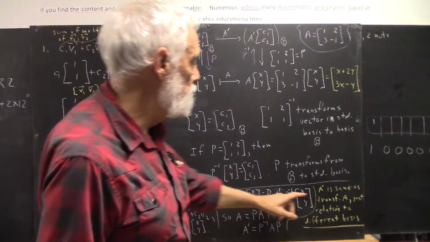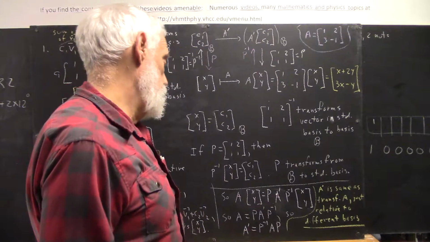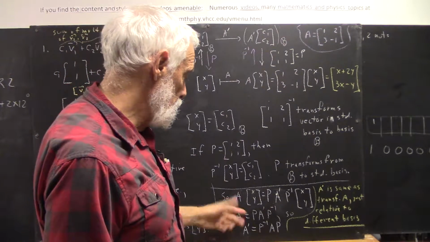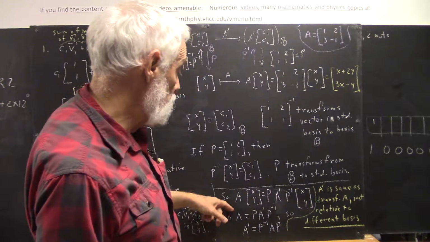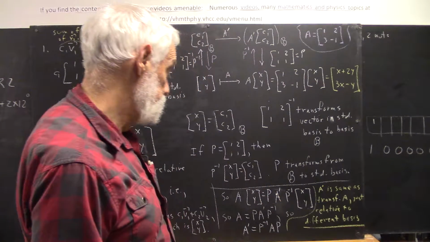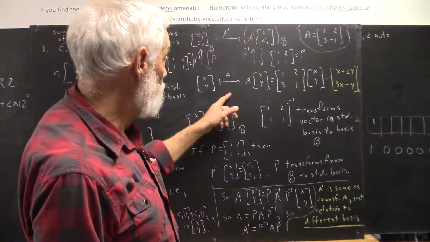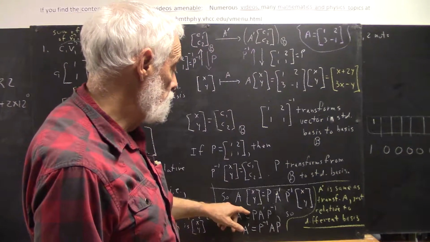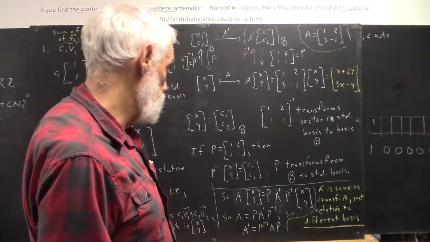Now, if this equals this, then we can write that a little more simply. Just take the vector xy out of it. The matrix A has to equal the matrix P A prime P inverse, and that's the relationship between the matrix A and the matrix A prime in terms of the matrix P consisting of the column vectors.